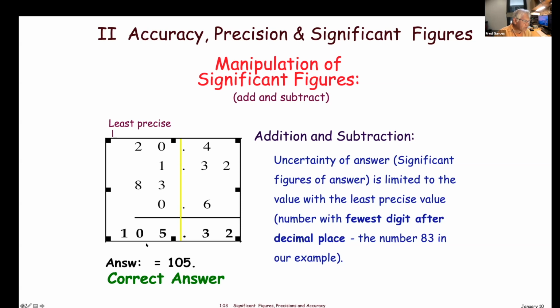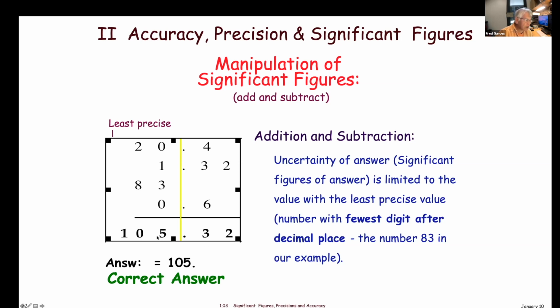This number right here, the rightmost digit tells you the precision, the uncertainty, which number has the biggest error. This 5 has the biggest error, plus or minus 1. So that's why you write it as 105 plus or minus 1, because your 83 is 83 plus or minus 1.